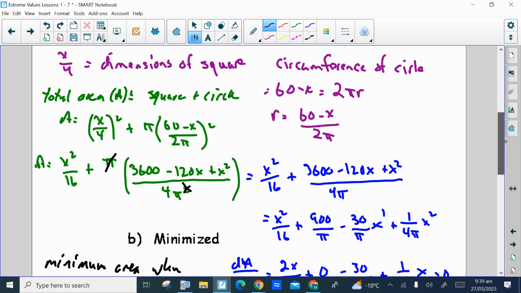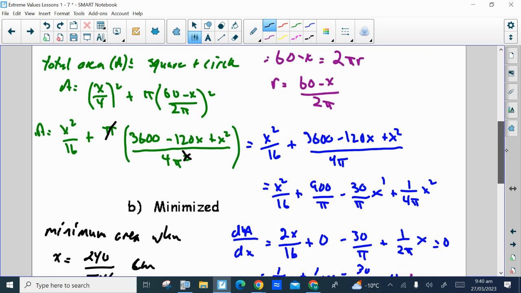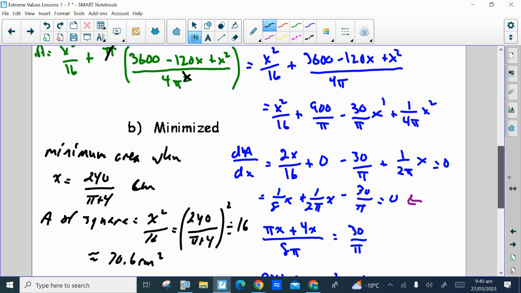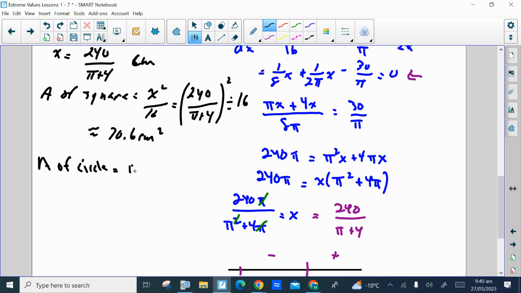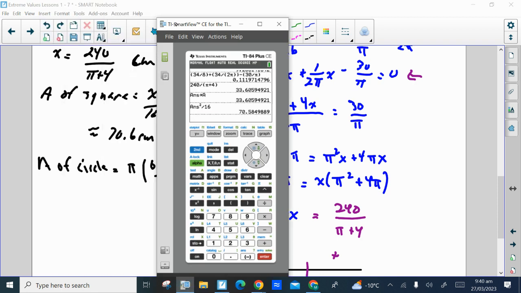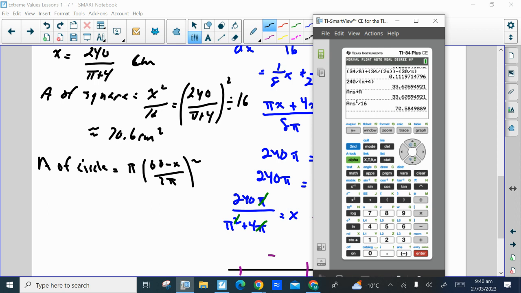Pi times 60 minus x over 2 pi all squared. So I'm going to plug that in.